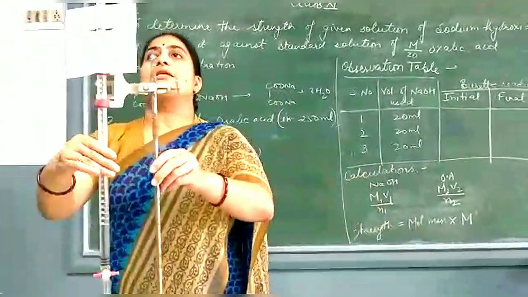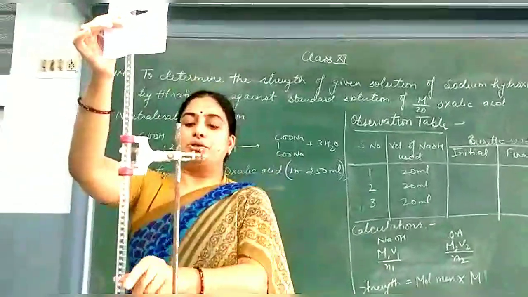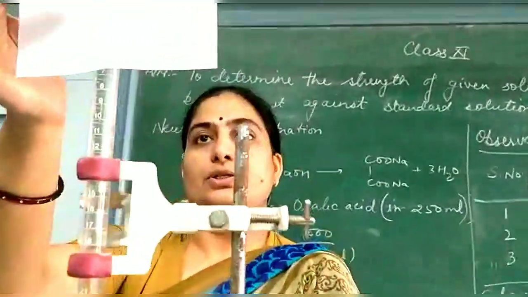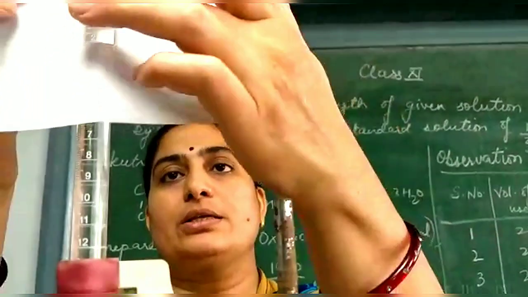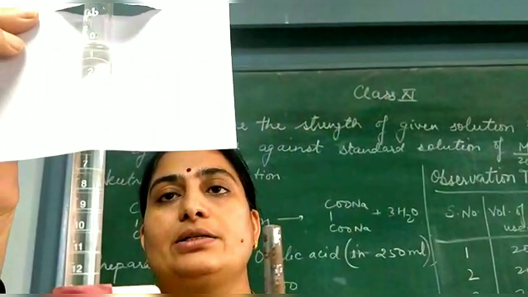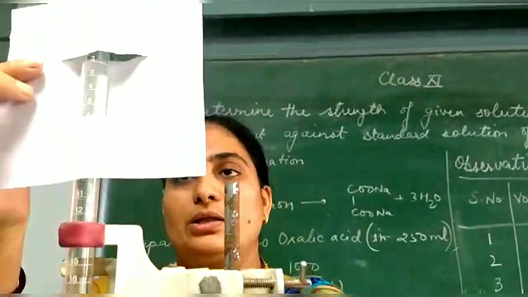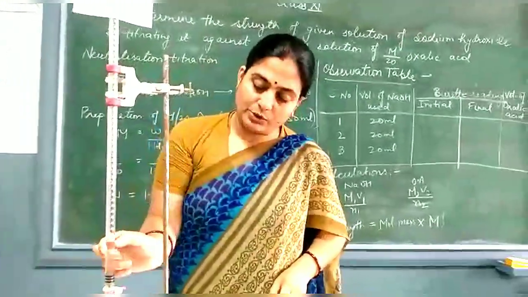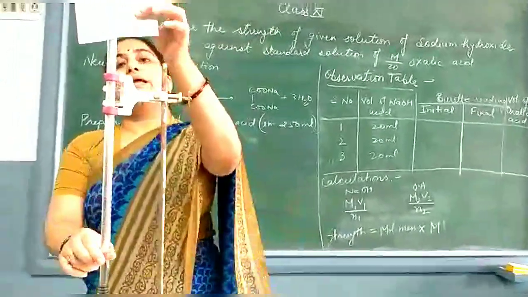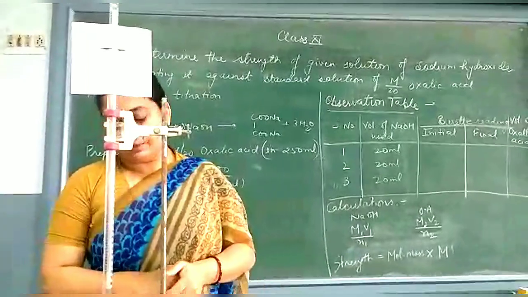I have filled it, and you can see the level of the solution is at 0 ml. The capacity of this burette is 50 ml, so it can read volume up to 50 ml.